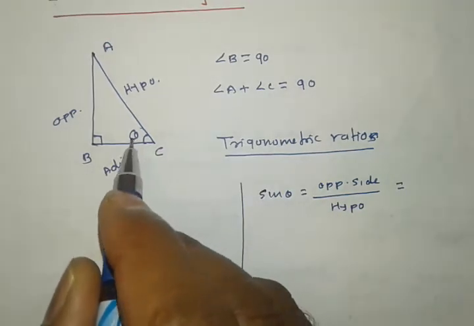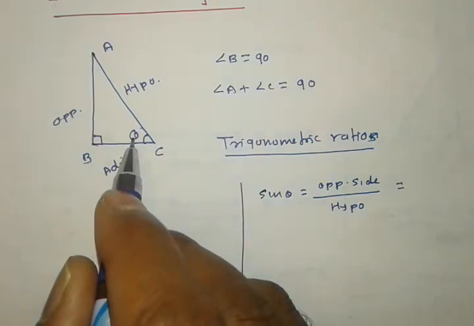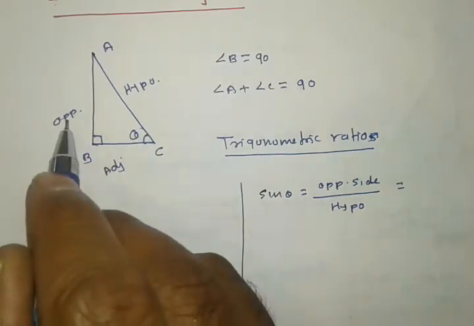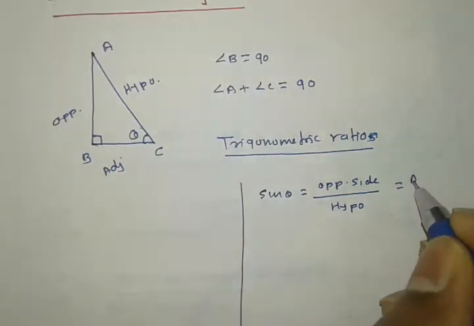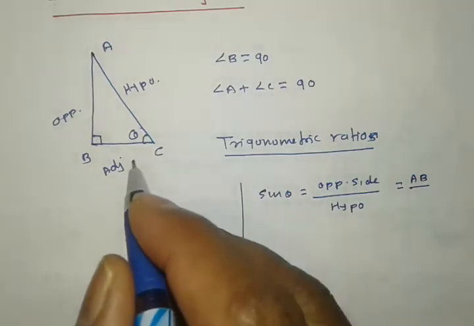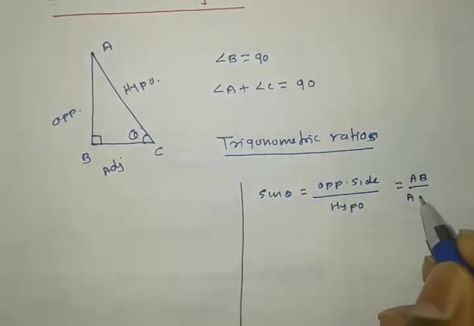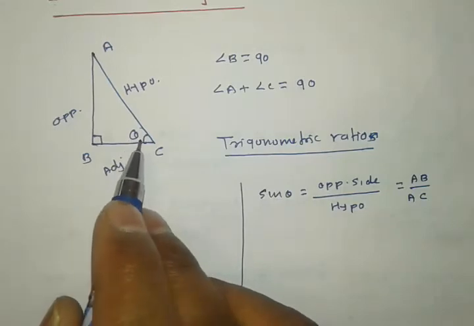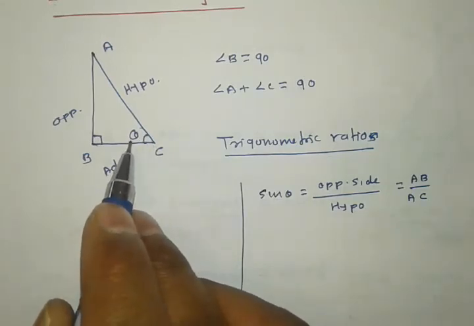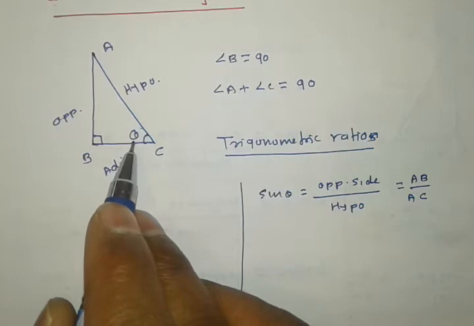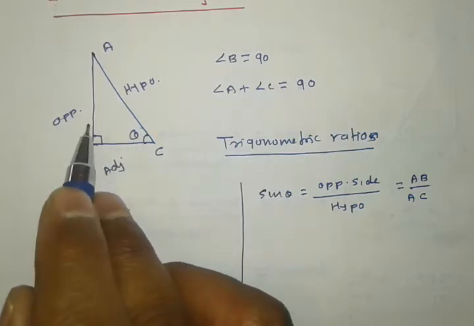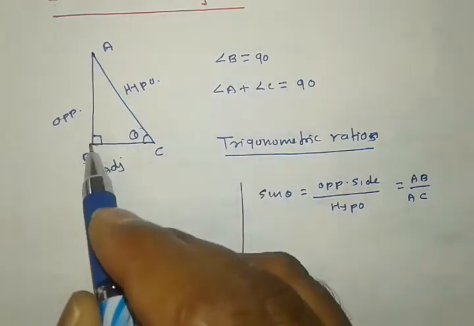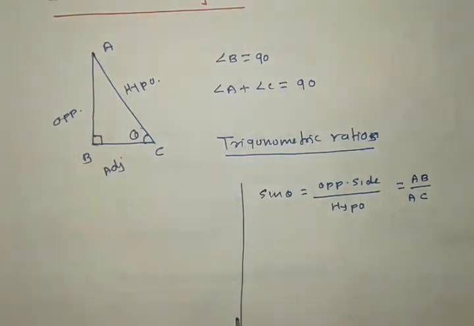In this figure, theta is considered as the angle at C. Sin theta means the opposite side, which is AB, and the hypotenuse is AC. From the triangle, angle C we consider as theta. Theta's opposite side is AB, theta's adjacent side is BC, and opposite of 90 degrees is the hypotenuse.